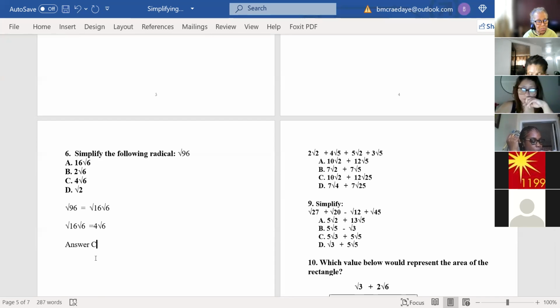You could have taken some other numbers, but then you would have had to break them into factors. That's why I'm trying to help you remember the perfect square roots. So when you think about simplifying, you think of the numbers that have perfect square roots, and that means you do it in fewer steps.